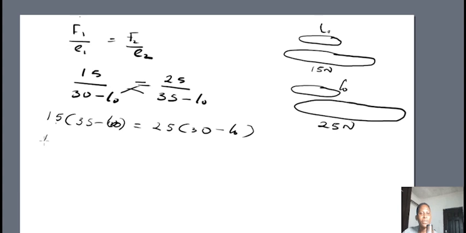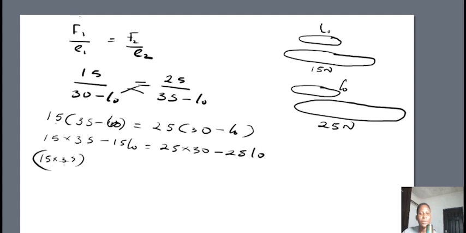So that would be like 15 multiplied by 35, minus 15 L naught, is equals to 25 multiplied by 30, minus 25 L naught, right? So it's just going to be 15 multiplied by 35, then this one is going to come over here, minus 25 multiplied by 30, right?